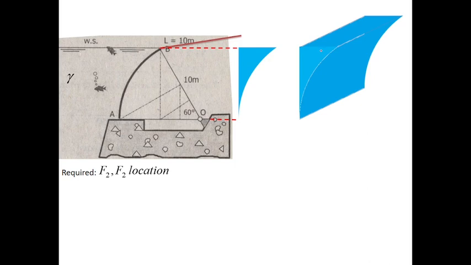Na kung saan ang bigat ng volume na to, ang bigat ng volume ng liquid na to, which is water, ay katumbas ng magnitude ng F2. Kung ano ang weight ng volume na to, ng tubig na nasa itaas ng gate AB, okay, ay siya yung magnitude ng ating F2, which is the vertical component of the hydrostatic force. Okay?